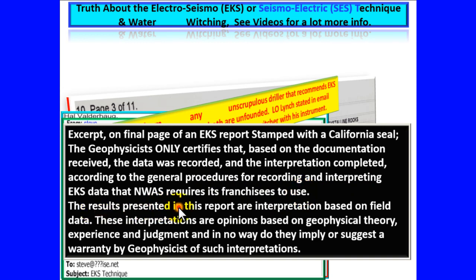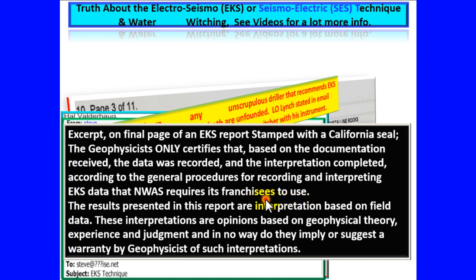The results presented in this report are interpretations based on field data. These interpretations are opinions based on geophysical theory, experience, and judgment, and in no way do they imply or suggest a warranty by geophysicists of such interpretations. They advertise that they can tell gallons per minute and depths, and here the geophysicists did not do the interpretation.